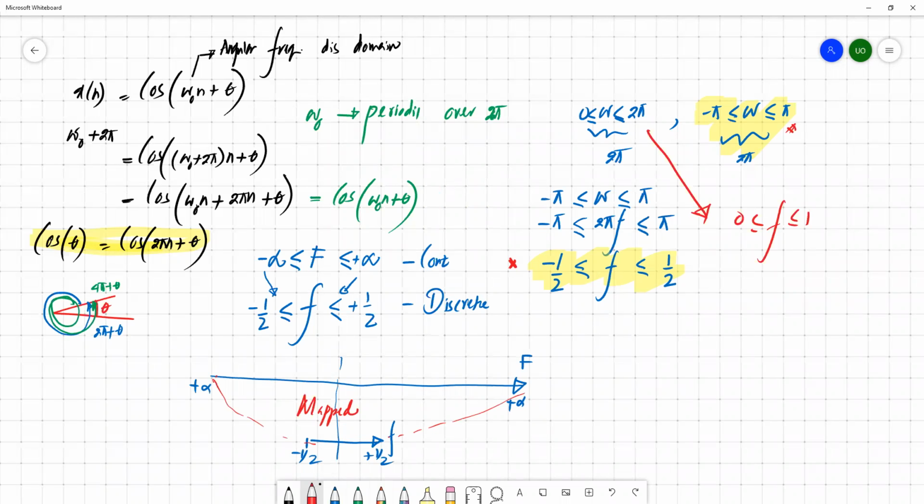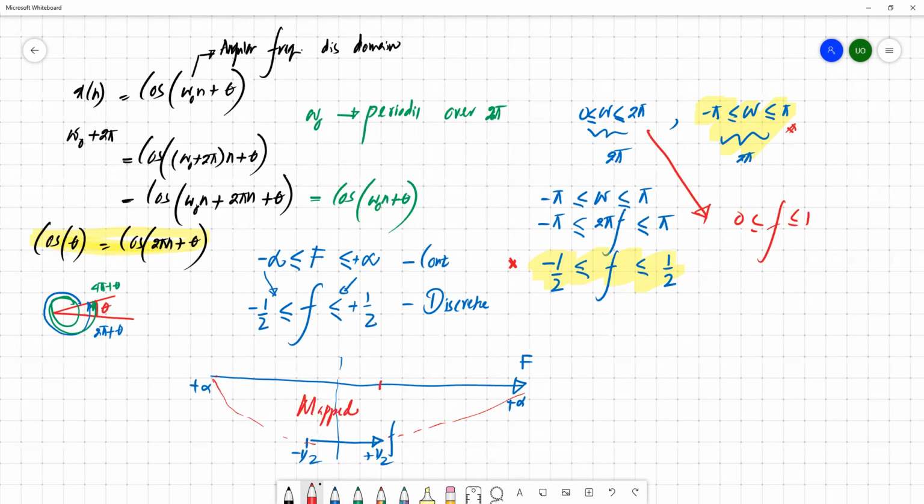It doesn't mean that minus infinity is simply mapped to minus half and plus infinity is mapped to plus half. What happens here is a kind of folding arrangement. For example, we will look into that later.